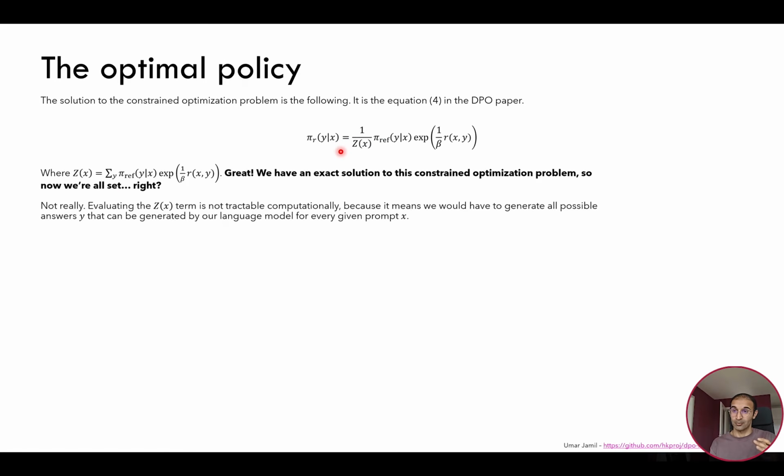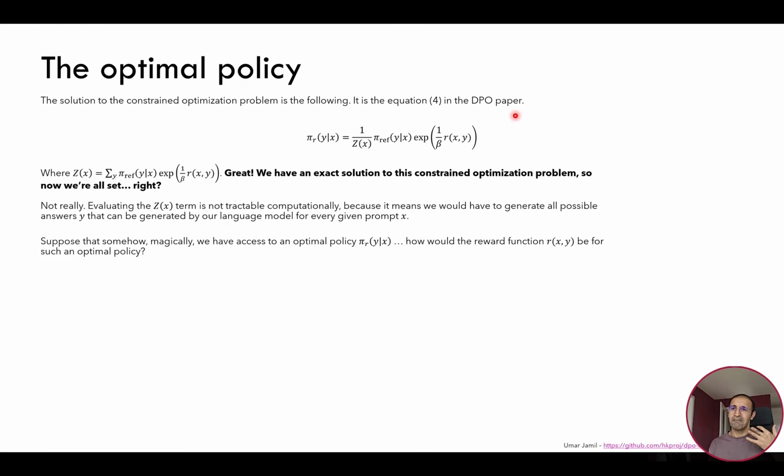However, one thing is interesting from this expression. Imagine that somehow, magically, we have access to an optimal policy. This solution to the optimization problem allows us to compute the optimal policy given the optimal reward model and the reference policy, so the reference language model. But imagine that for some reason, magically, we have this term here.